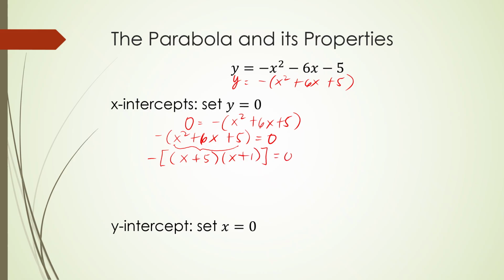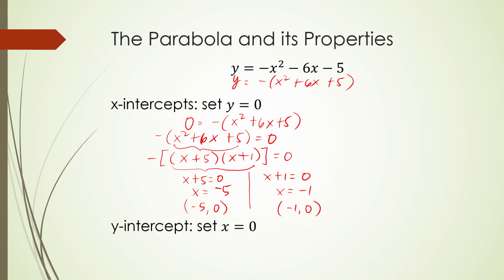is equal to 0. Then, you only have to use this inside to find the values of x. So x plus 5 equals 0, equate this, and x plus 1 equals 0. Therefore, the value of x here is negative 5, and the other one, x is equal to negative 1. And of course, the coordinates of the x-intercepts are negative 5 followed by 0, and for the other one, negative 1 followed by 0.